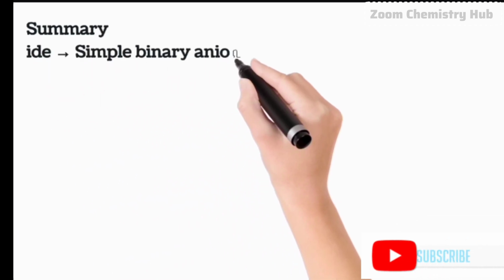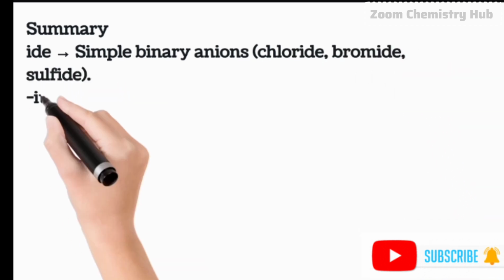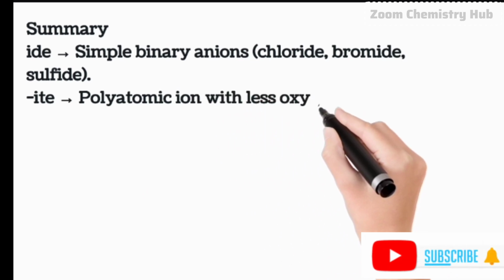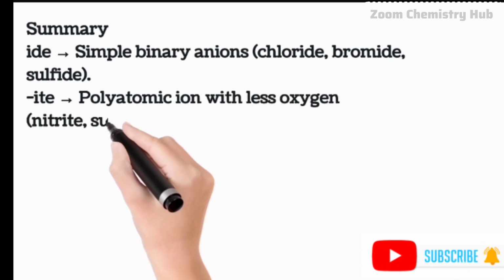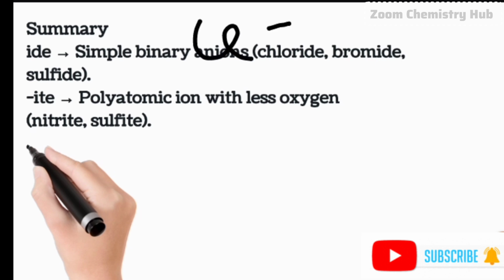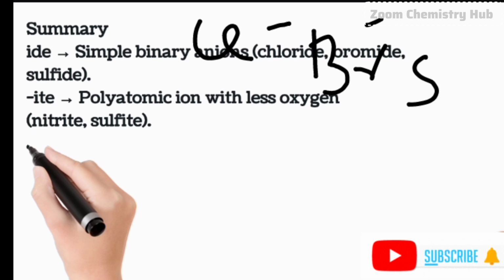The summary is this: IDE is used simply for binary anions, that is chloride, bromide, sulphide, nitride.